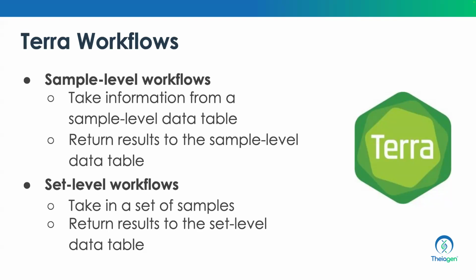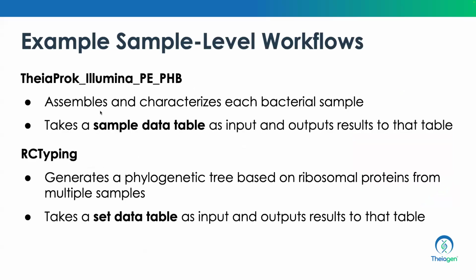The set level workflows take in a set of samples, where each row represents a set of data, and will return the results to that particular row that represents a set of samples. So the Theiagen Illumina PE workflow that we ran last week is a sample level workflow that takes in each sample and then does that bacterial characterization and assembly. RC typing that we are going to launch this week generates a phylogenetic tree based on ribosomal proteins from multiple samples.